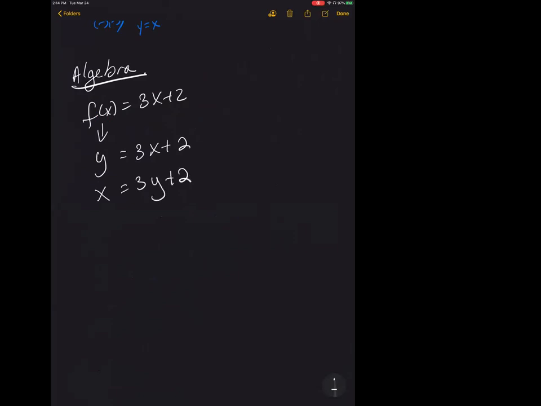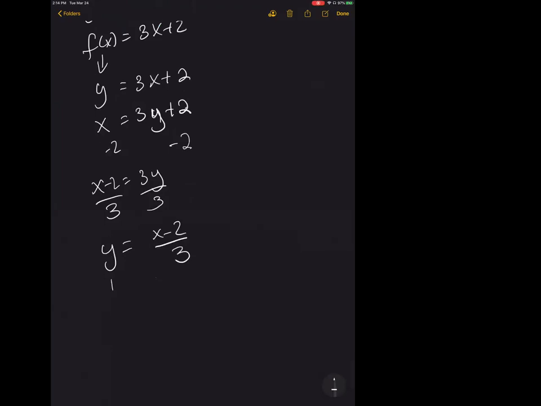And then you simply solve for y. So I got to get this y by itself. So I got to get rid of the 2 and the 3. I will subtract 2 first. X minus 2 is equal to 3y. And then I'll divide by 3. Y is equal to x minus 2 over 3. And this right here is my inverse function.